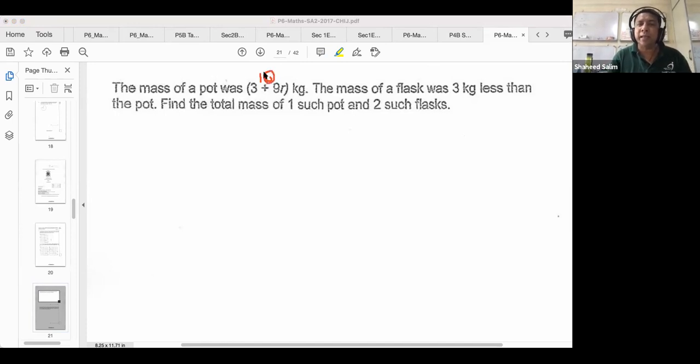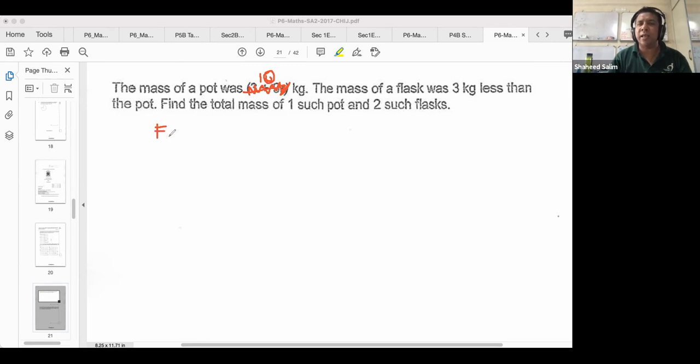Okay, let's say now 10 kg. The pot is 10 kg. Okay, imagine this one is not here. I want you to understand what they are doing first. If we replace this with a number, that's the way to do it. Even at sec 1, when you don't understand, you replace it and ask yourself what to do. So let's say the pot, what's the mass of the flask?